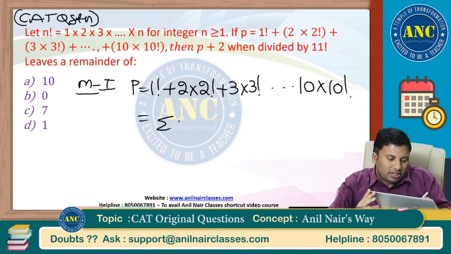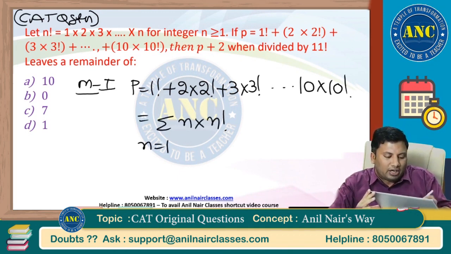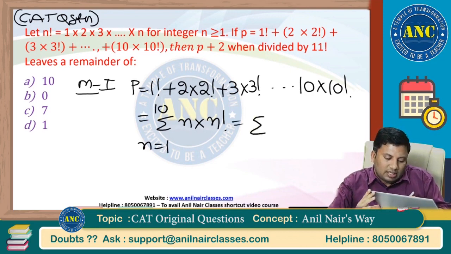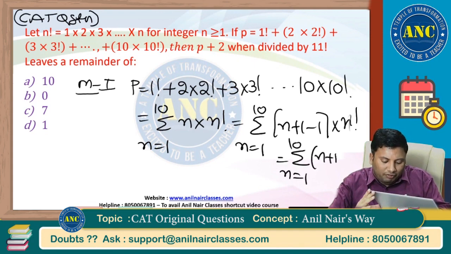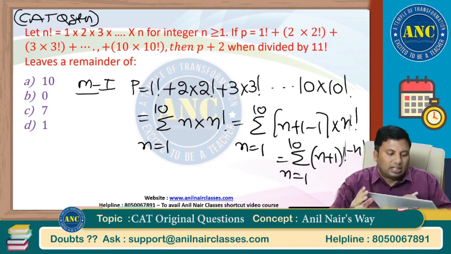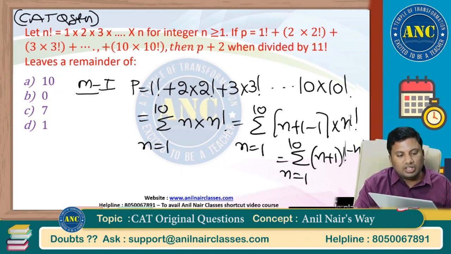Students who are good will write it as the summation of n into n factorial, n equals 1 to 10, which is (n plus 1 minus 1) into n factorial. They will do it like this. This is for students who cannot get this logic directly.